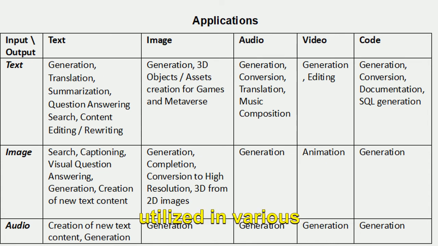These tasks can be utilized in various application domains like creative content generation, education, product development, customer service. In creative content generation, it can be used to generate creative content such as text, images, music, videos, 3D images, code, and gaming.